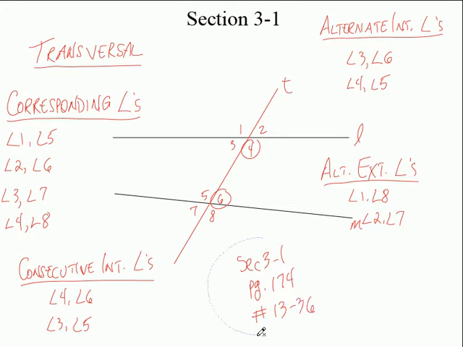All right, so that is your assignment right there. It's pretty easy. I don't know if there's even any work to show at all. I think all you do, they give you all kinds of different situations, all kinds of pictures and things like that, and you just have to look and say, which ones are parallel, or which ones are skew, or which angles are corresponding, which ones are alternate interior angles, which ones are consecutive interior angles, which ones are alternate exterior angles.